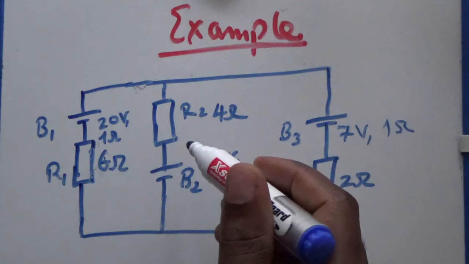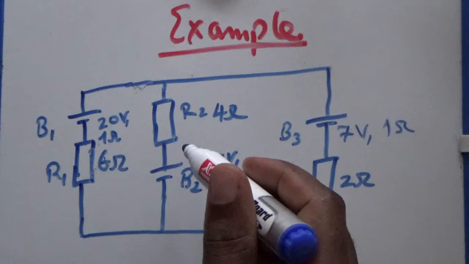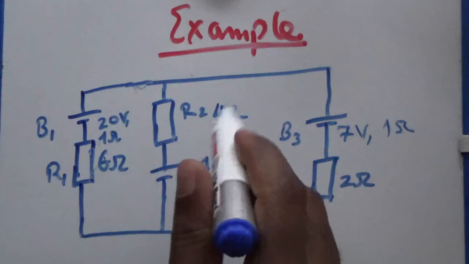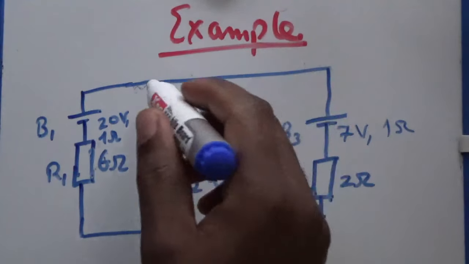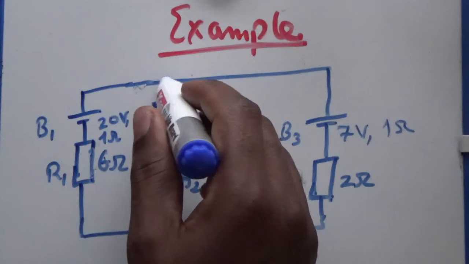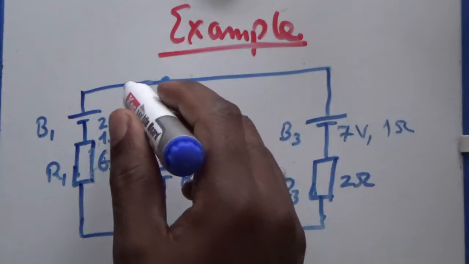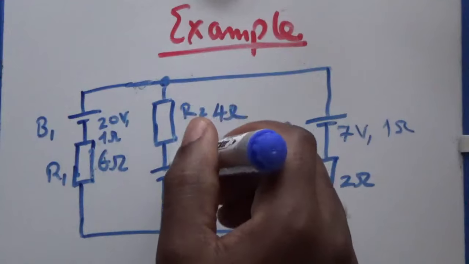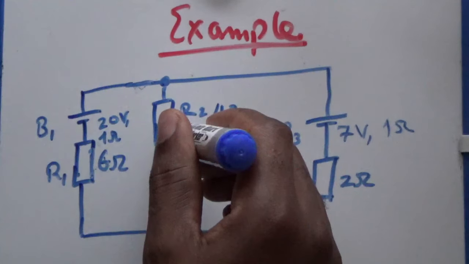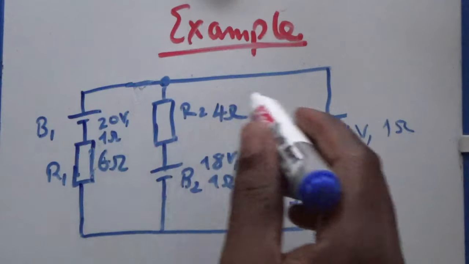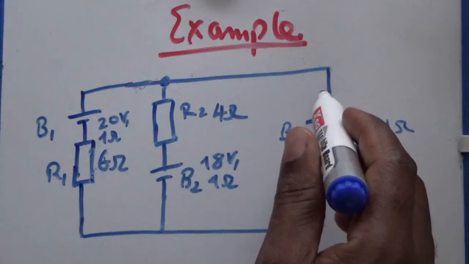So in order to find the current which is flowing through R1, R2, we can choose this as the branch point. This battery here contributes a current, this battery here contributes a current, this battery here contributes a current.